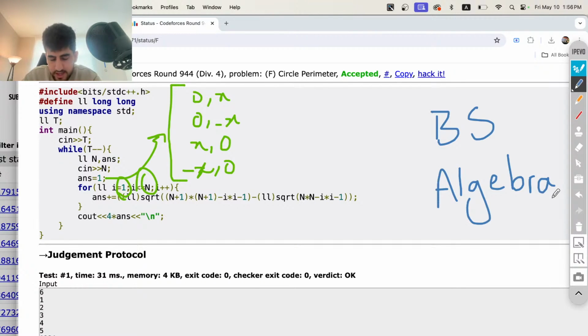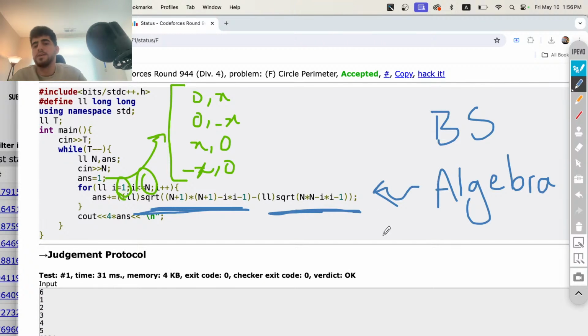Yeah, and he has brute force for one quadrant. Yeah, this is exactly algebra. This is exactly the algebraic way to solve it. He hasn't implemented binary search. He has implemented algebra for this one.